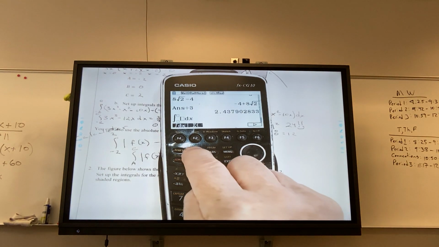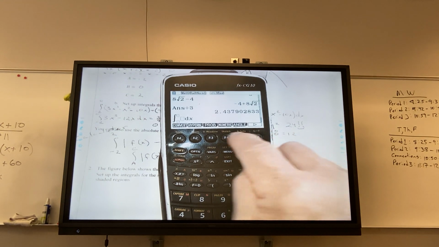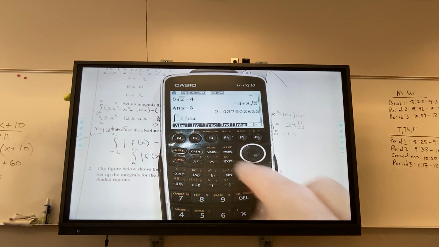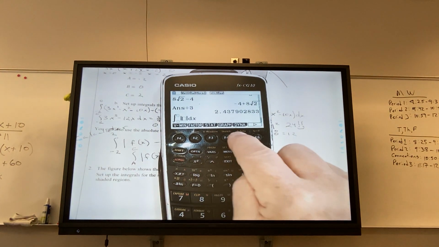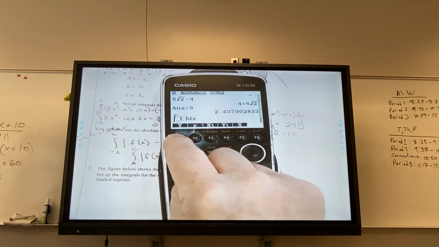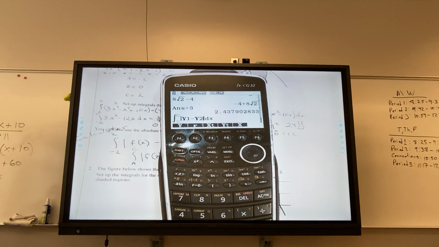Here I'm going to go to option, and I think I'm also in number, and there's my absolute value. And then you should know how to get to vars and get y1 minus y2. And I hope I'm doing the calculator enough that you're becoming more and more comfortable with it. Does that seem okay with everybody?